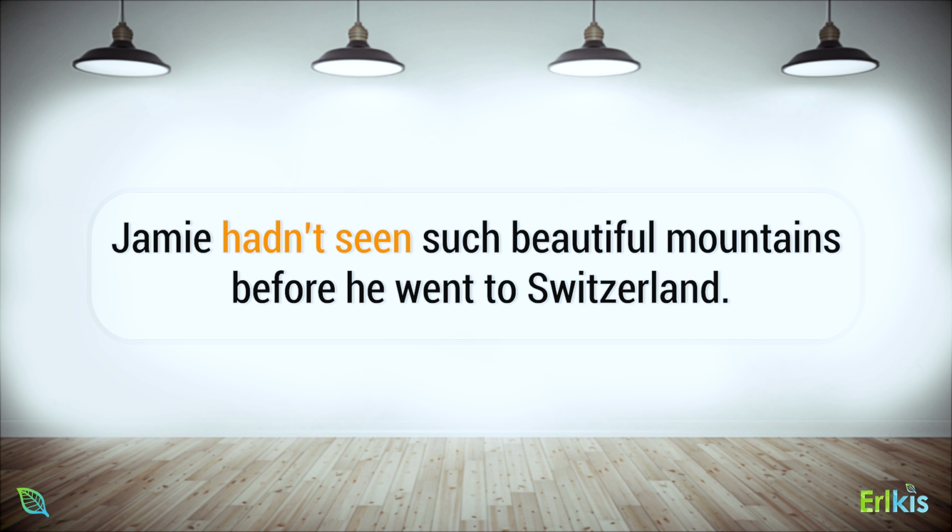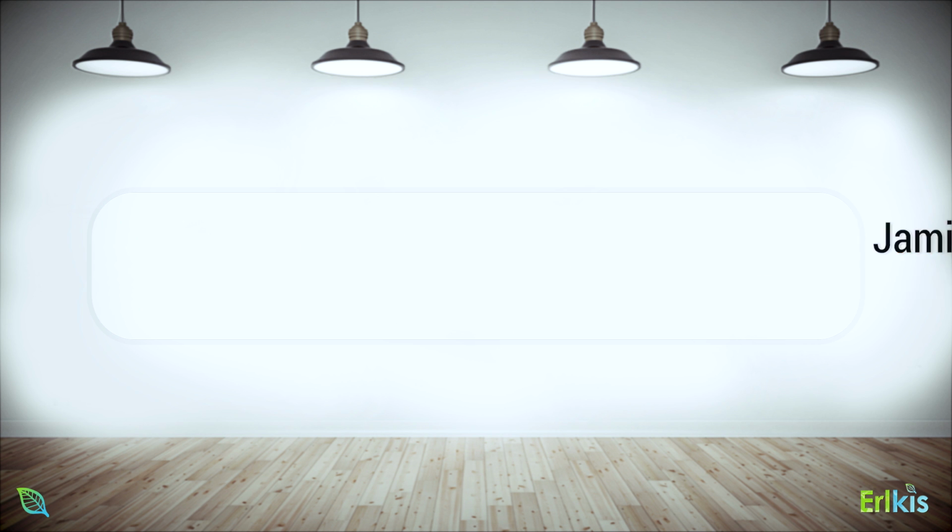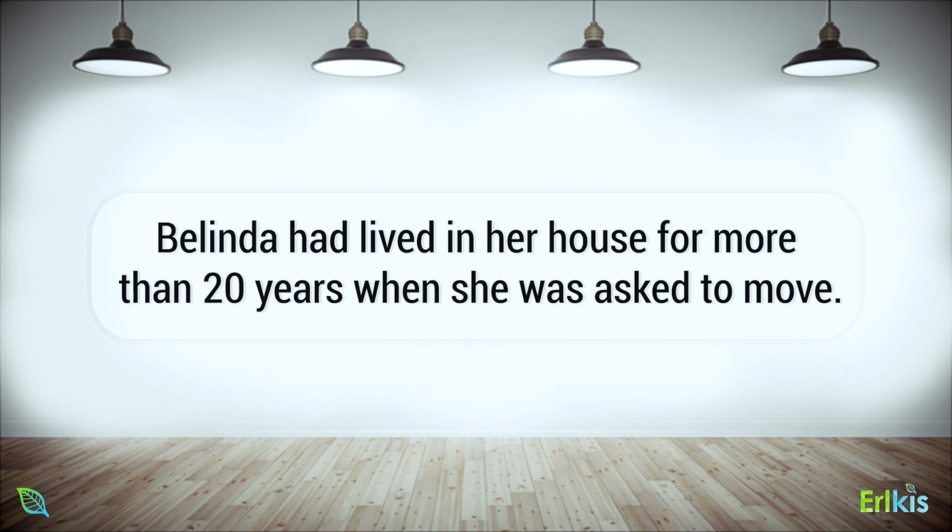And the second event was his trip to Switzerland. Belinda had lived in her house for more than 20 years when she was asked to move. And the first event was Belinda living in her house for 20 years or more. The second event was she had to move.